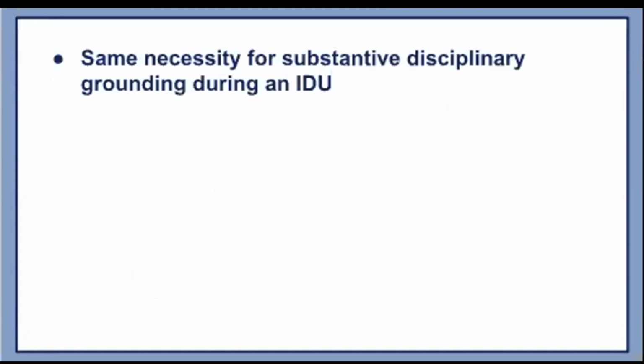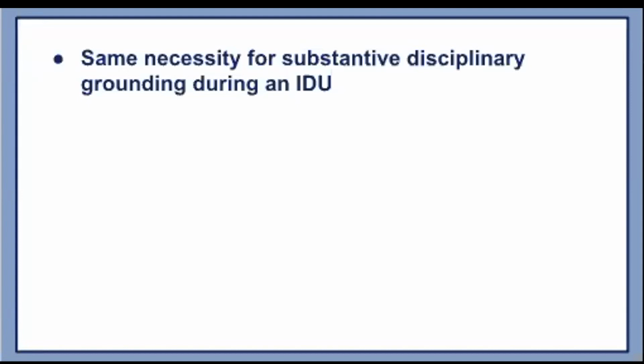There is the same necessity for substantive disciplinary grounding during an IDU. So even though criterion A is different and it no longer assesses disciplinary grounding, you still need to learn disciplinary content in the new criterion.